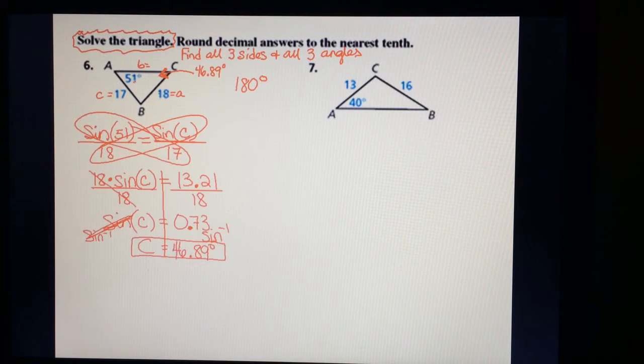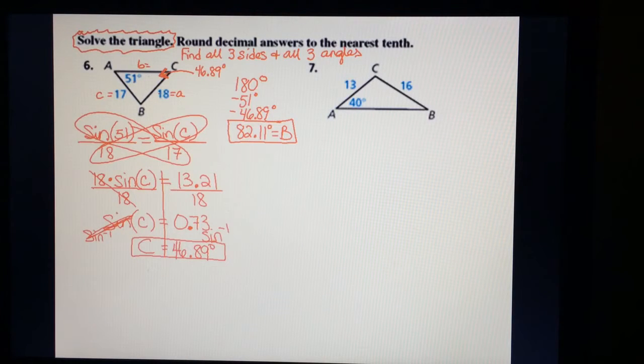So I knew the 51 starting off, so let me take that out. And I just figured out the angle C is 46.89 degrees, so let me subtract that out. And that's going to tell me that the leftover degrees that must be for angle B is 82.11 degrees for angle B.